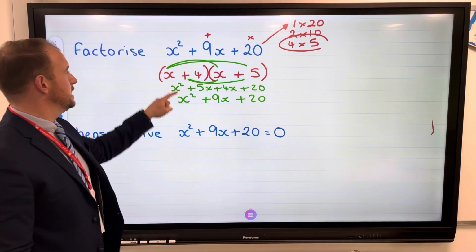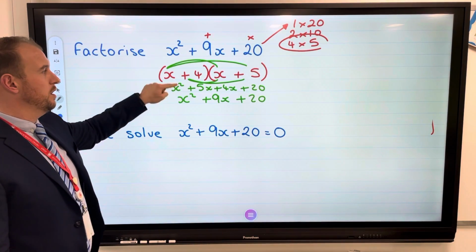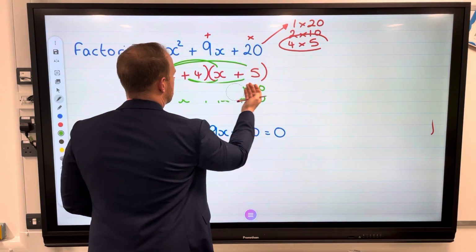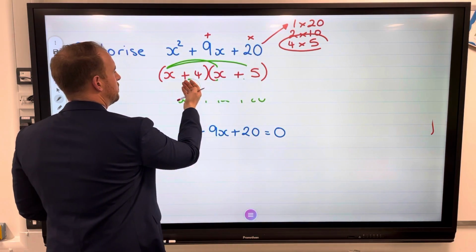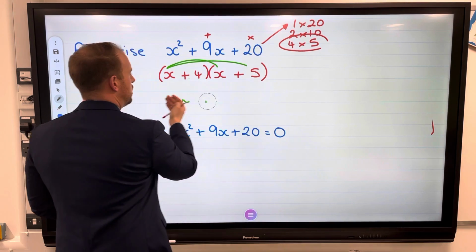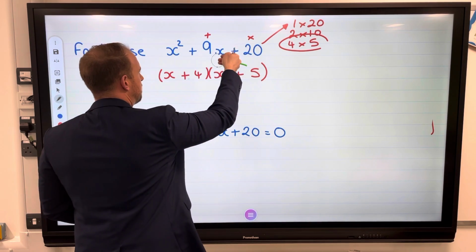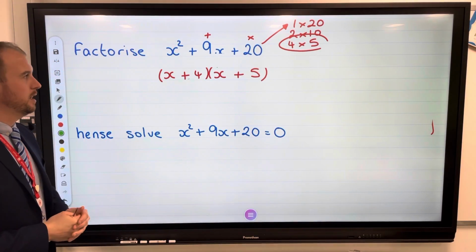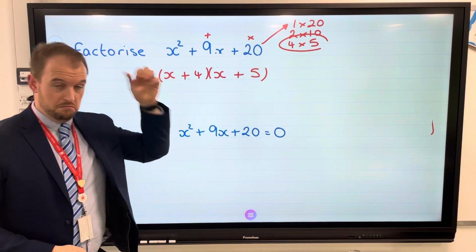Okay, you can see this is exactly the same as this here. Okay, so I've used the inverse just to check. So as I said, when it comes to the exam, you don't need to do the checking element, just factorise by putting them into brackets. Okay, so that's the factorise element done.